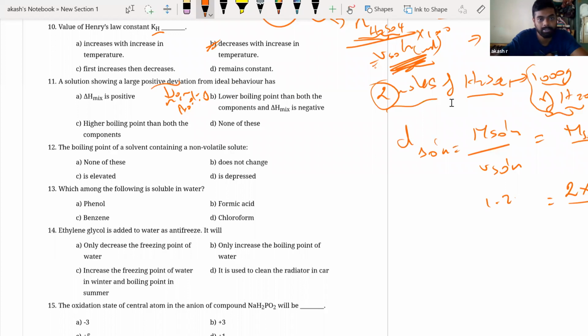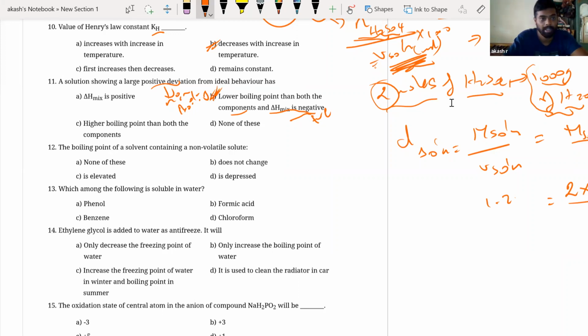Positive deviation, delta H mix greater than 0. Lower boiling point than both the components, that is true. But the delta H mix part is wrong, it should be positive. But if at all I have to go for some answer, I would go for B. Lower boiling point than both the components is okay, but delta H mix should be positive. Anyway, the answer to this question is B.